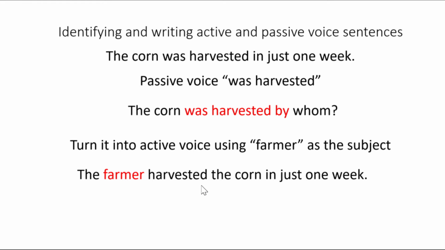And right now it looks like this might be a longer sentence, but that's because in the original sentence, the farmer wasn't included. If we put the farmer in this sentence, it would read, "The corn was harvested by the farmer in just 1 week." That would be much longer and weaker.